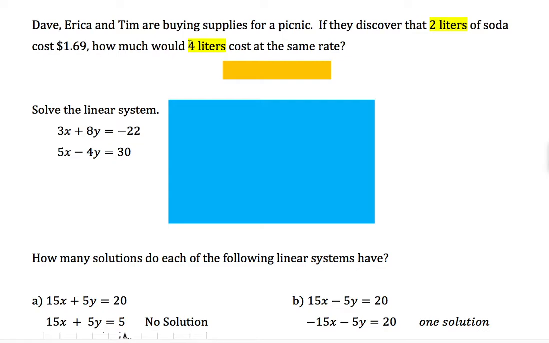If I wanted to buy 6 liters, 2 times 3 will give me 6 liters, but 2 times 2 gives me 4 liters. So in this case, we're multiplying the cost, the $1.69, times 2, because 2 times 2 equals 4. Okay, and so I do 169 times 2, I multiply those two together, and I got $3.38.